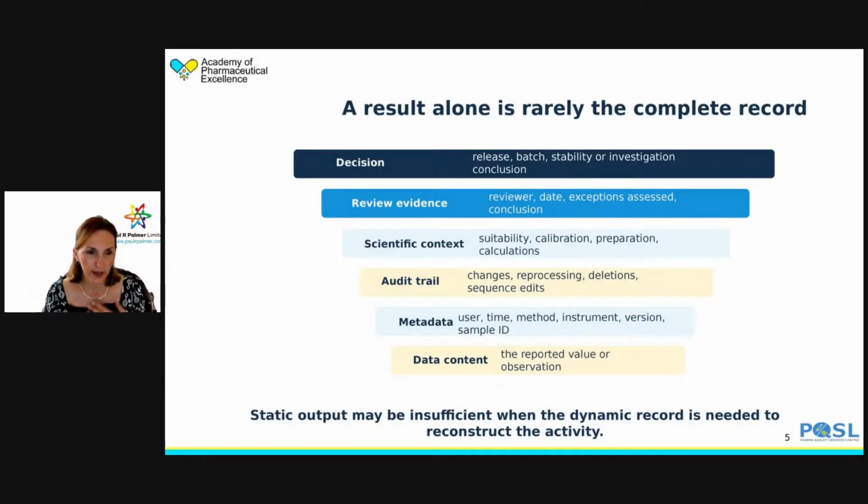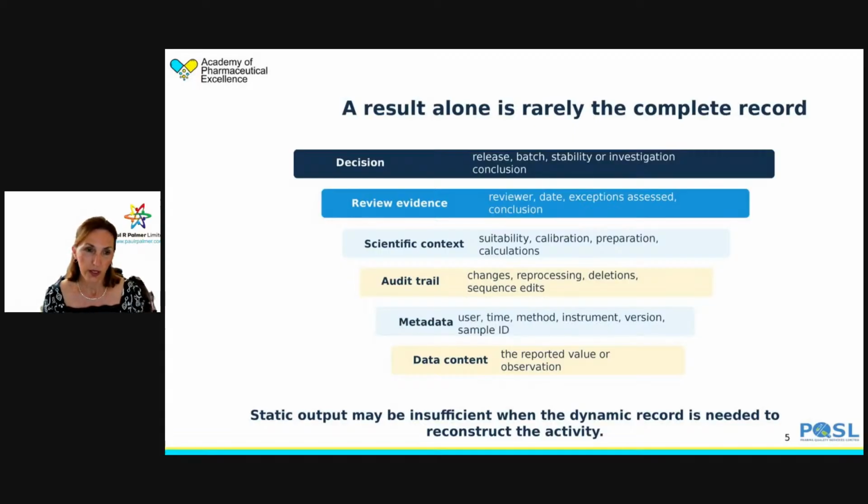And this is why a static printout or PDF may not always be enough. A fixed report can show the final chromatogram, but not necessarily the processing history, the sequence structure, the integration changes, or the deleted records. Where the meaning of the activity depends on interactive functionality or processing history, the dynamic electronic records must remain available.